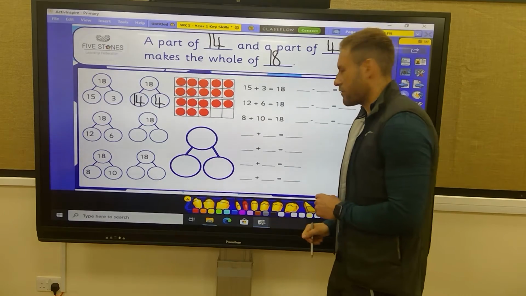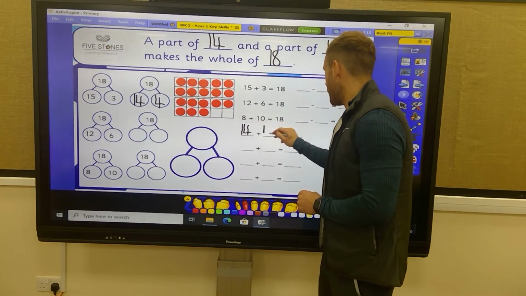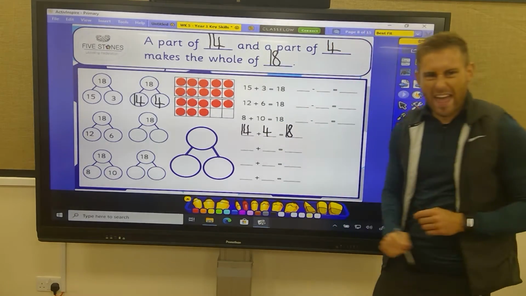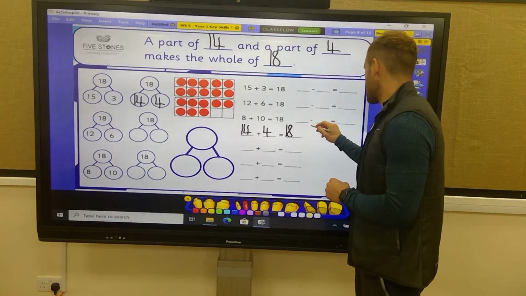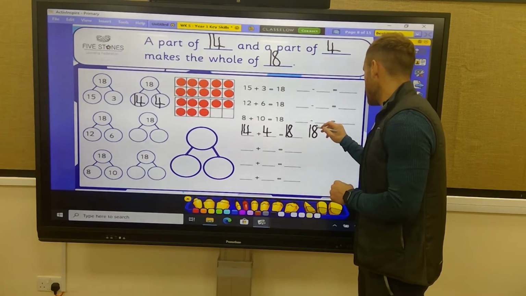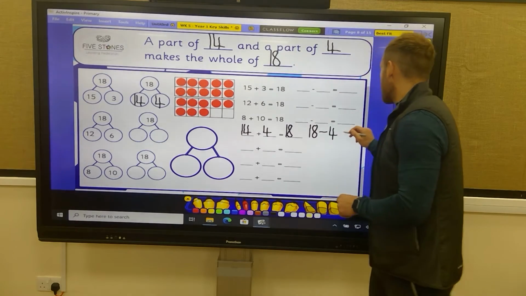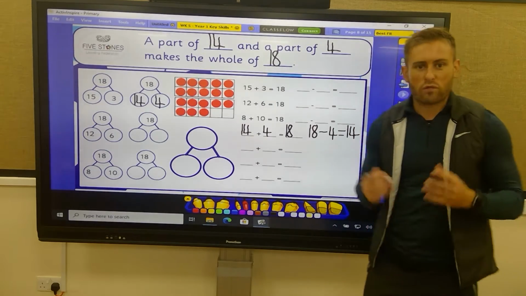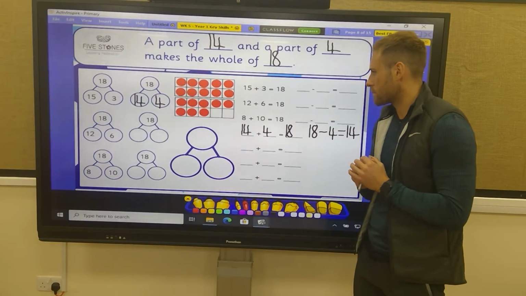Then you can write that in your addition number sentence. 14 add 4 equals 18. And then you can put that into a subtraction number sentence. So you can go 18, remember we start with that whole, subtract 4 equals 14. So we've got another pair of numbers that make that same whole.